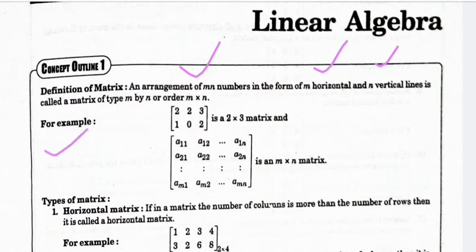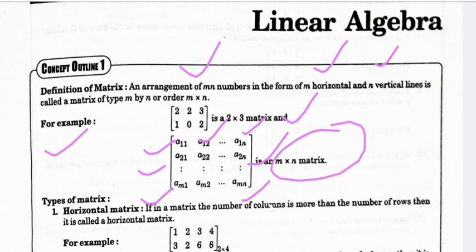For example, here 2, 2, 3, 1, 0, 2 is a 2 into 3 matrix, and it is represented like this: A11, A12 till A1n, A21, A22, A2n, and the last row of the matrix is represented by Am1, Am2 till Amn. That is an m into n matrix.